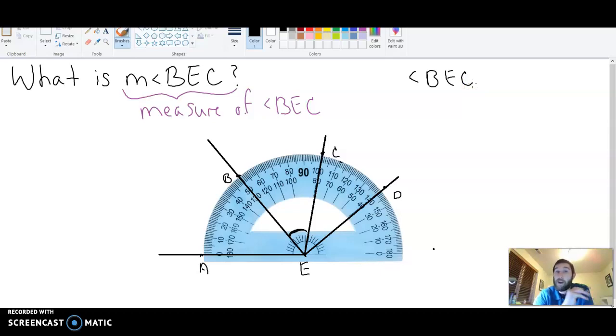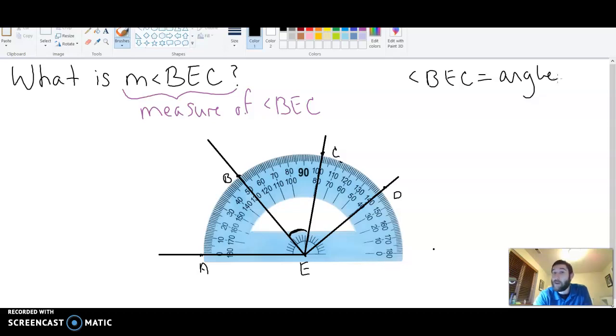Now, to talk about defining an angle, unlike a line segment or something else, an angle is something that's about direction.